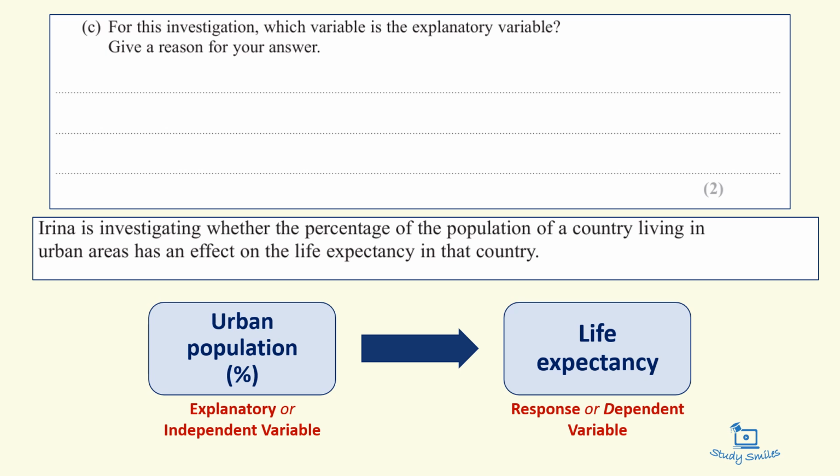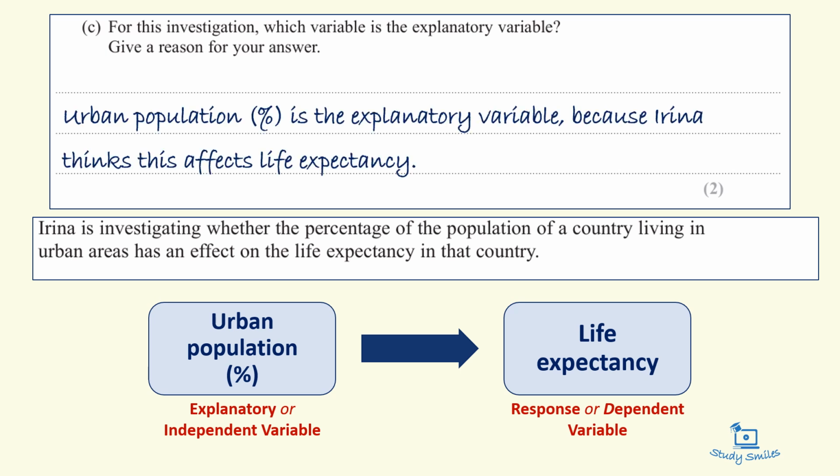Urban population is therefore the explanatory or independent variable, and life expectancy is the response or dependent variable. So we could write an answer like: urban population percent is the explanatory variable because Irina thinks this affects life expectancy.